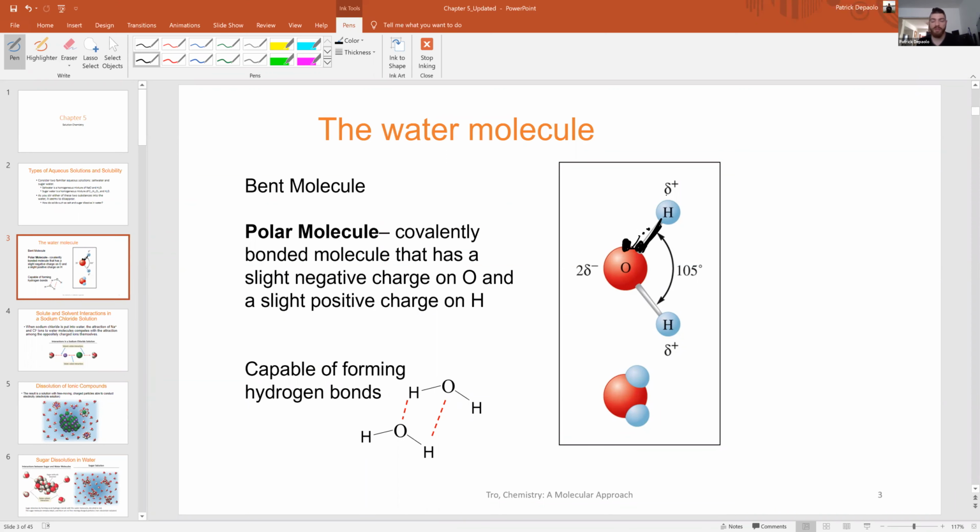Hopefully that makes sense. Always ask questions in case it doesn't. So basically a polar molecule has a covalent bond where the electrons are unevenly distributed between the 2 elements. This happens a lot of the time. Most covalent bonds are either polar or slightly polar, where there's an unequal distribution.